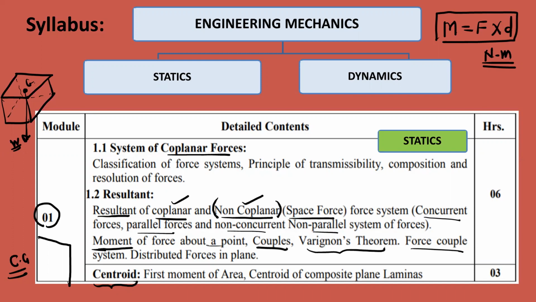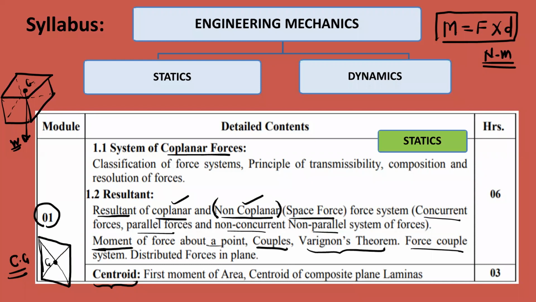Just consider a rectangular paper. So this rectangular paper will have its center of gravity exactly at its geometrical center. That means if you connect the diagonals, you can directly find out the centroid. So centroid, this term is used for plane laminas.